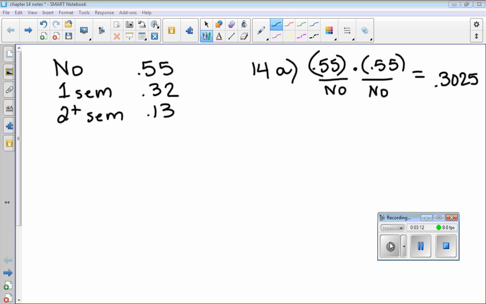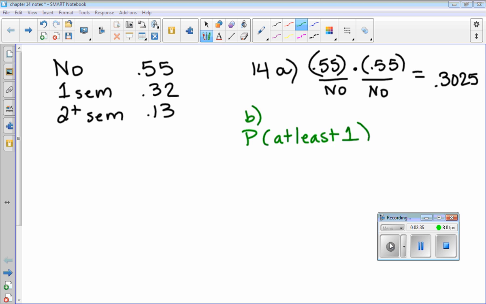Good so far? Okay. And we look at part B for problem 14, it says both have studied at least 1 semester of calculus. So we have to be careful, okay? The probability of at least 1, now, it could be this, they could both have this. Let me show you all the different possibilities.